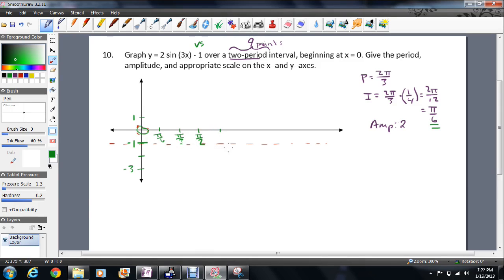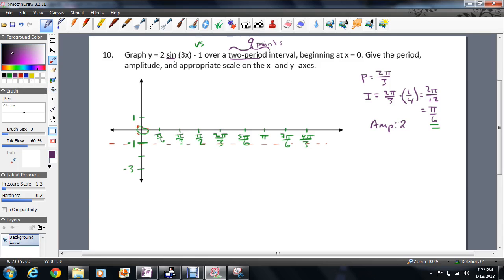So if I add pi over 6 again, I get 2 pi over 3. Again, 5 pi over 6. Again, just pi. 7 pi over 6. And last but not least, because we need 9 points, 4 pi over 3. 1, 2, 3, 4, 5, 6, 7, 8, 9. Okay, looks good. So go ahead and graph the points.